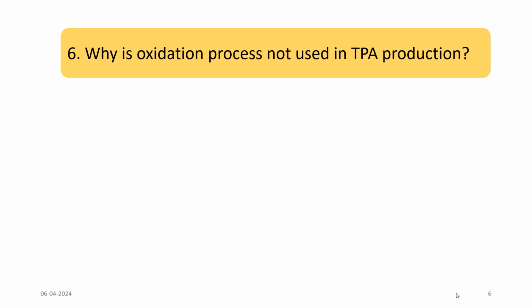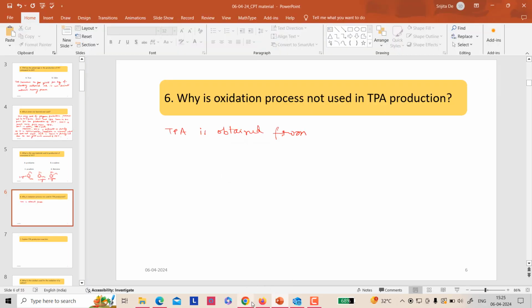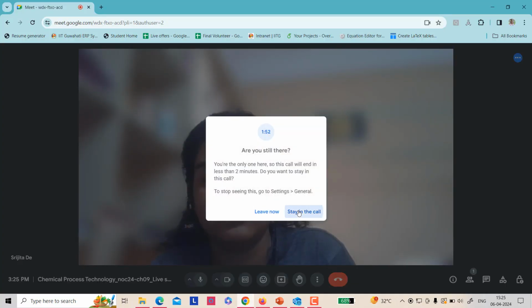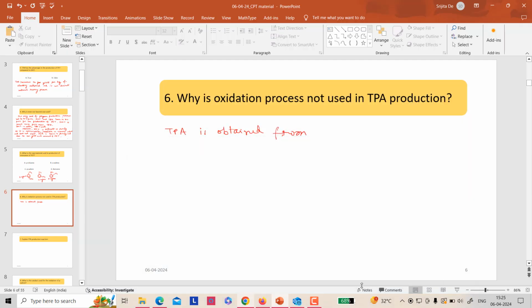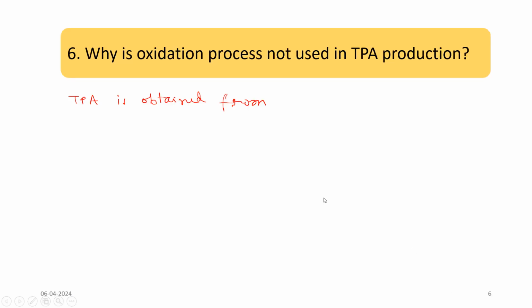So we know that terephthalic acid is obtained from p-xylene.